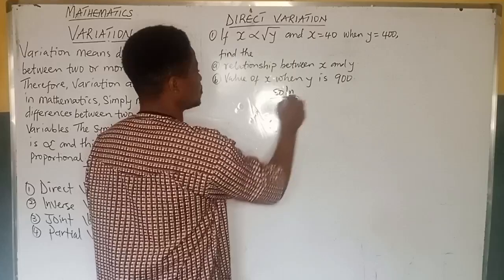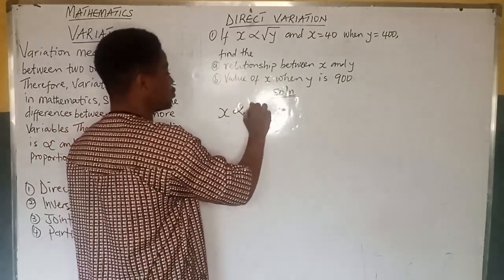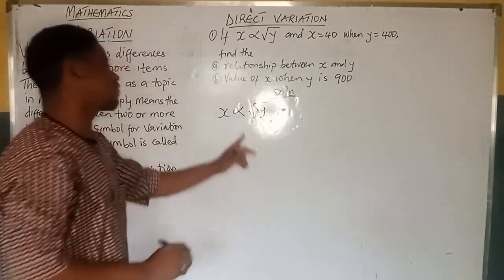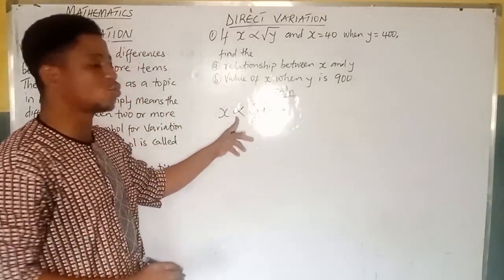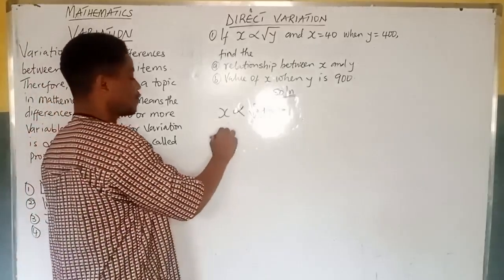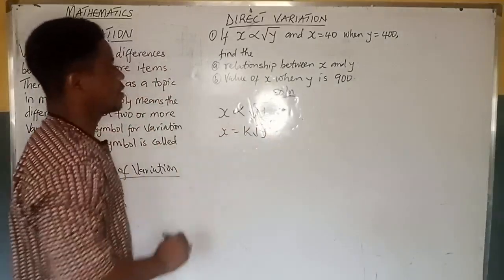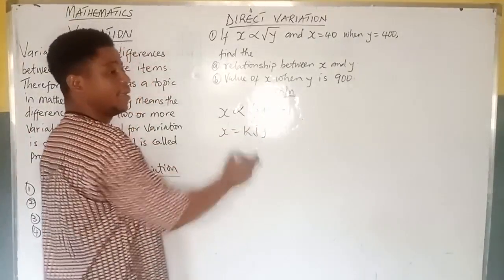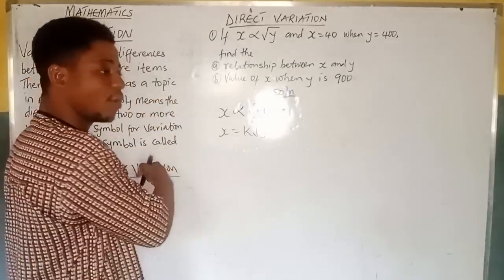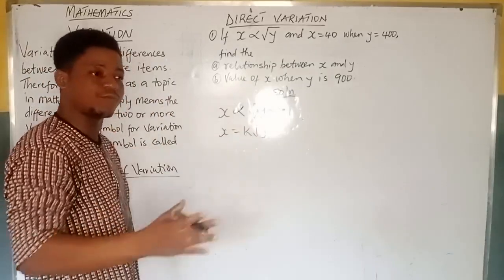Solution. Now, we are given that x varies as root y. To remove this sign of proportionality, you introduce a constant. Therefore, introducing a constant, x will be equal to k root y. Now, at this junction, you make k the subject of the formula. You can go down and see other videos where I've talked about the subject of formula.